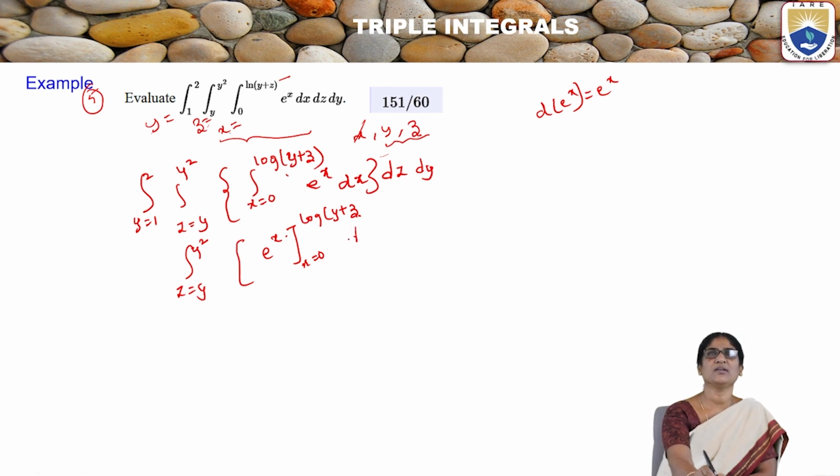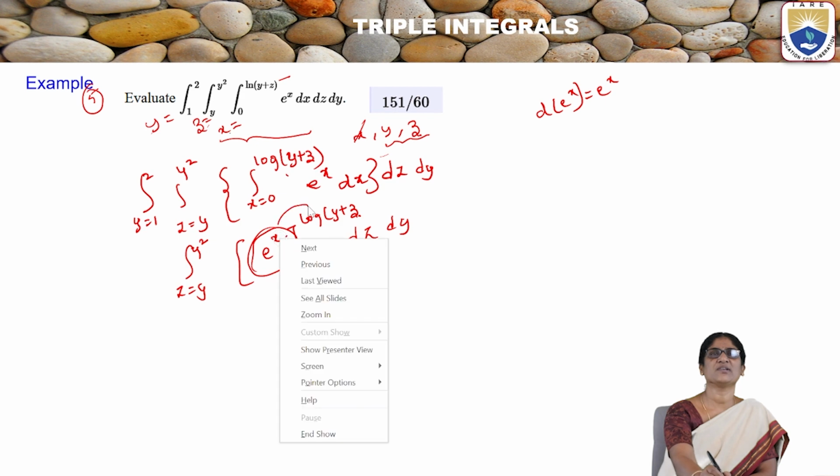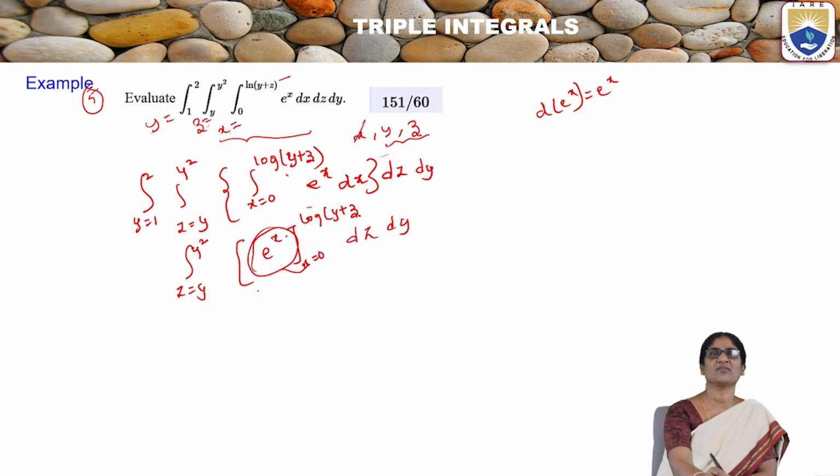So you have e power x into dz dy. So here at this stage you can substitute x equal to the upper limit and the lower limit, then everything is converted in terms of y. e power 0 is 1, into dz into dy.